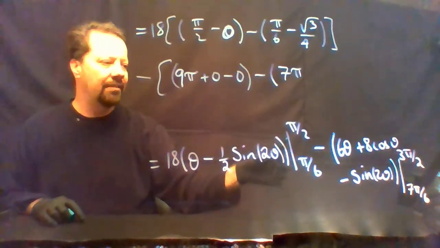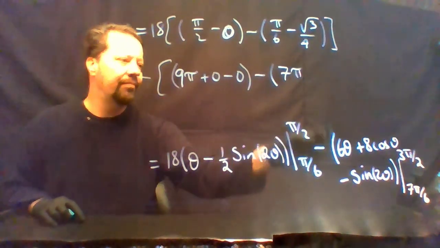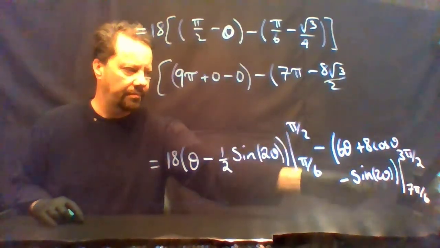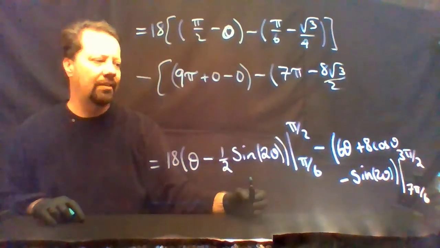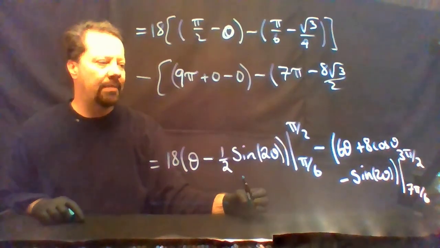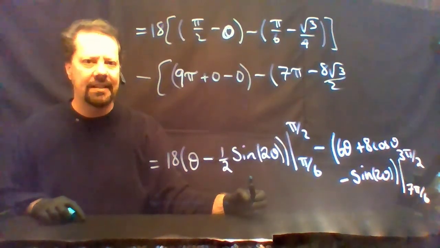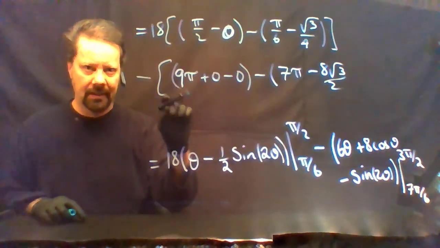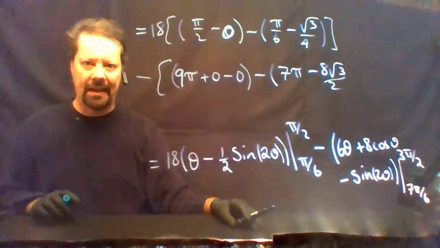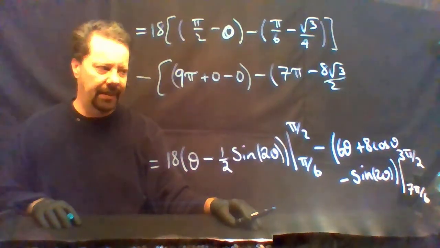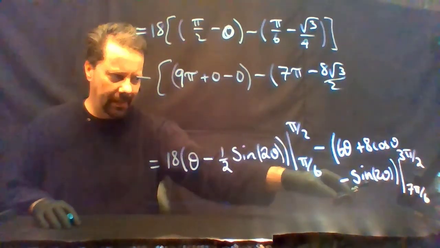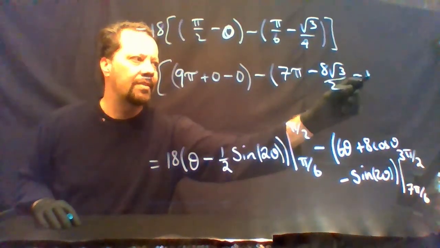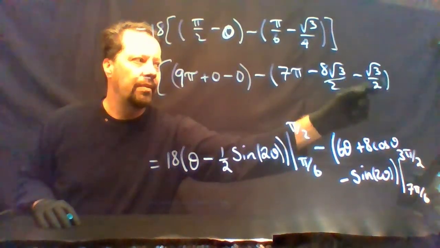That's going to be negative root 3 over 2. 2 times 7 pi over 6 is 7 pi over 3. 7 pi over 3 is in quadrant 1. It's more than all the way around, although 2 pi is the same as 6 pi over 3. We're at 7 pi over 3 after multiplying by 2, or pi over 3. So that's going to be minus root 3 over 2.